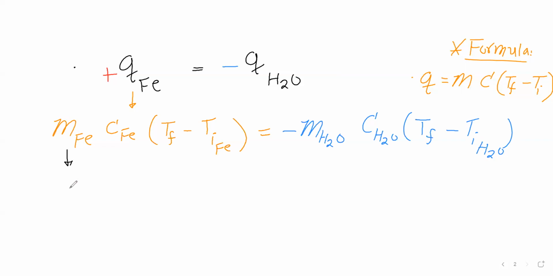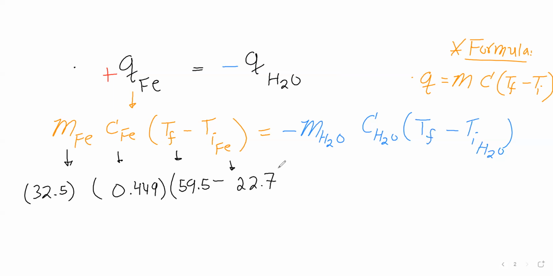Substitute the values. Mass of iron was 32.5. Specific heat of iron was 0.449. T final is 59.5 minus our T initial. Good.